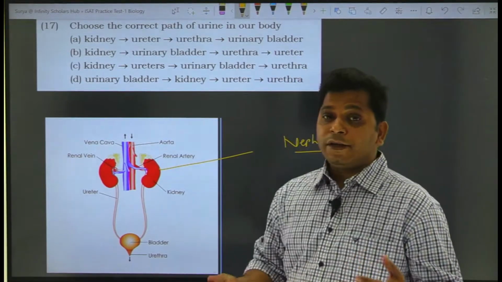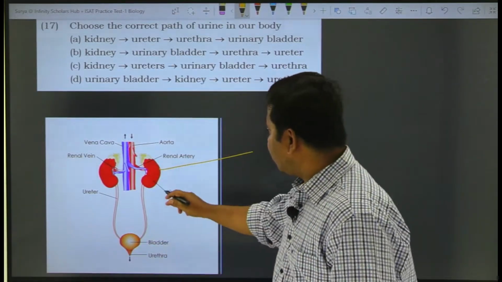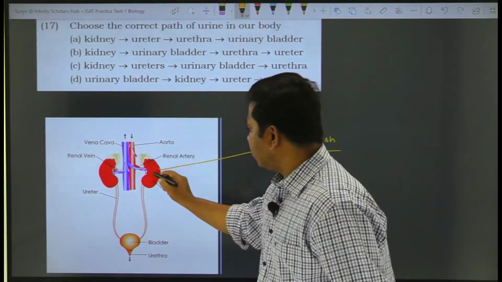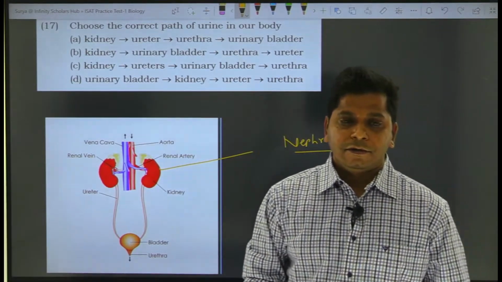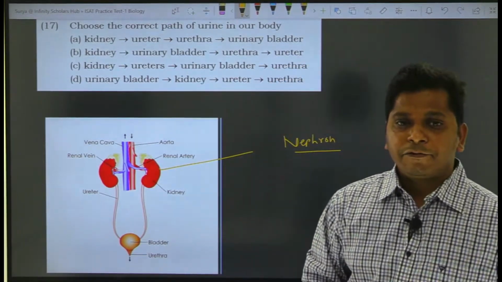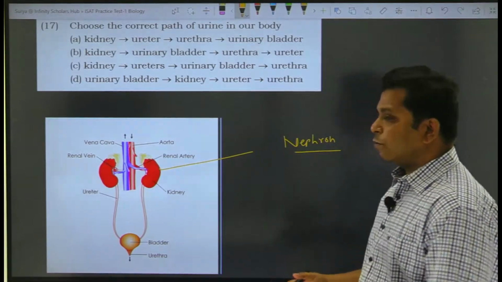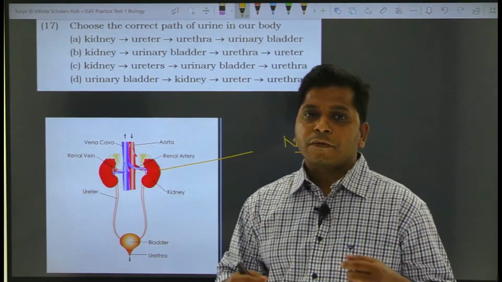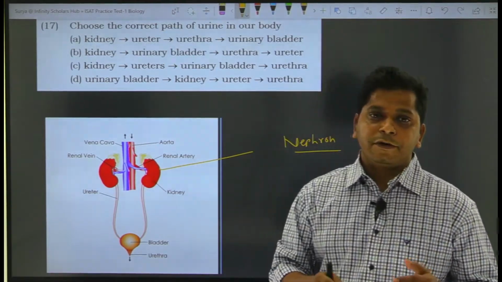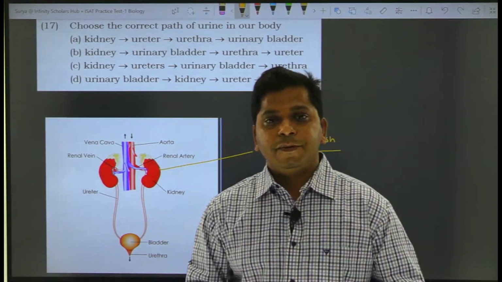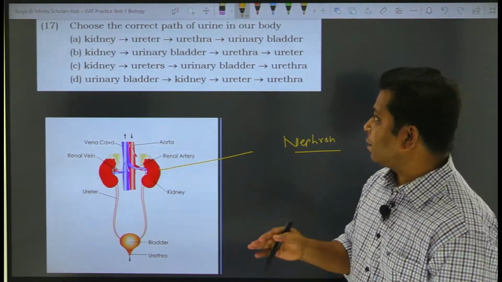You must be knowing that there are at least 1 million nephrons present in each of the kidneys that we have. They are responsible for filtration of blood, so that the unnecessary products which are produced need to be taken away or excreted away.